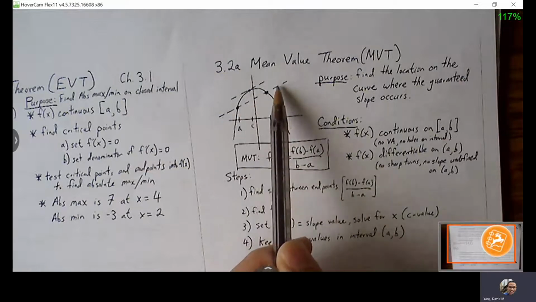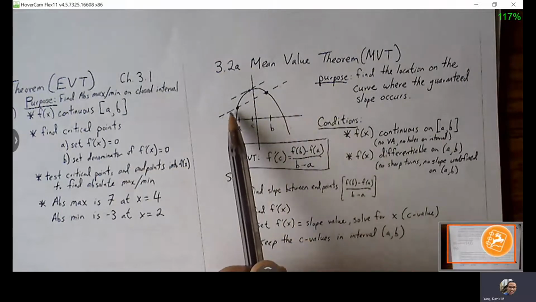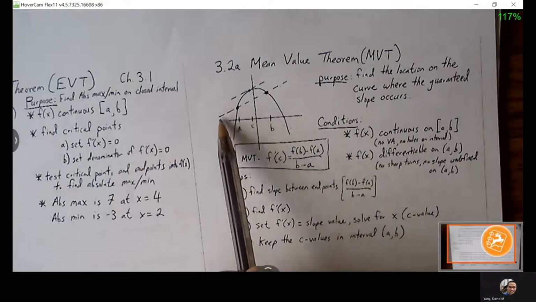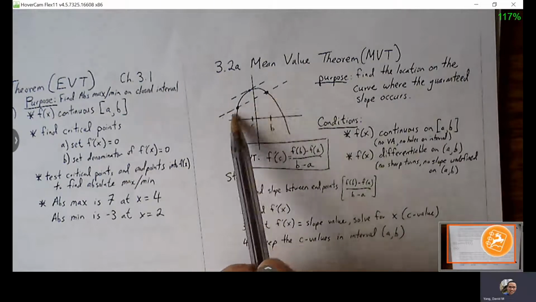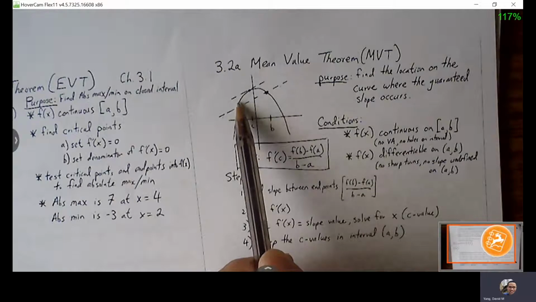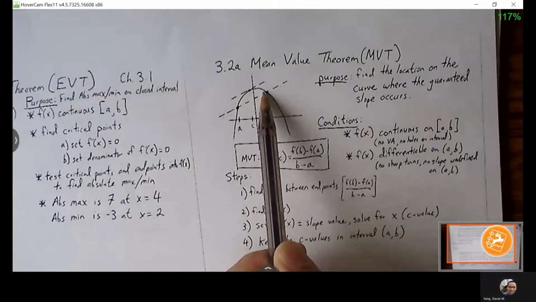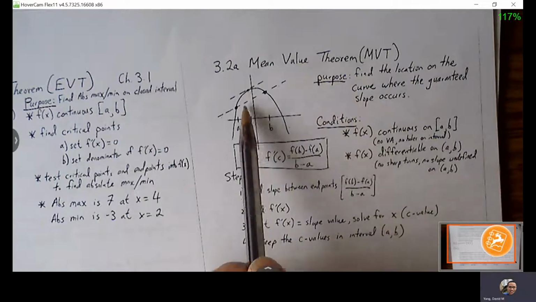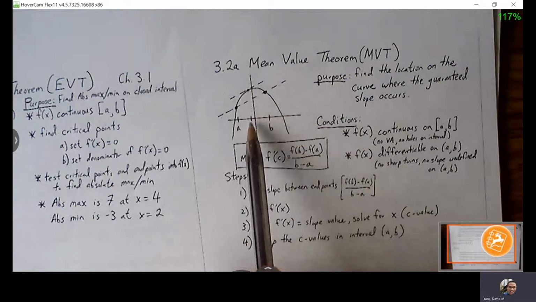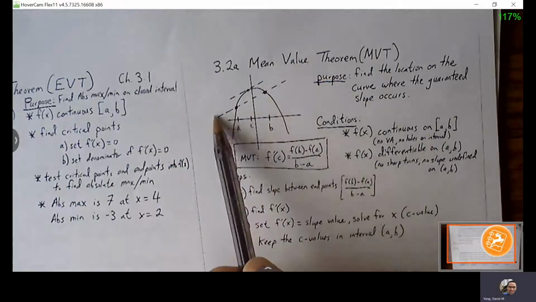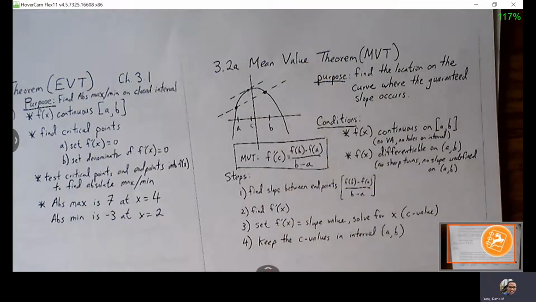We're just finding slope between the endpoints. That slope could be 2, it could be 1/2, it could be 3. But whatever slope we find between the endpoints, we know that that slope must exist somewhere along that curve. And what mean value theorem does is it finds that location where that specific steepness that we're looking for can exist on the curve.